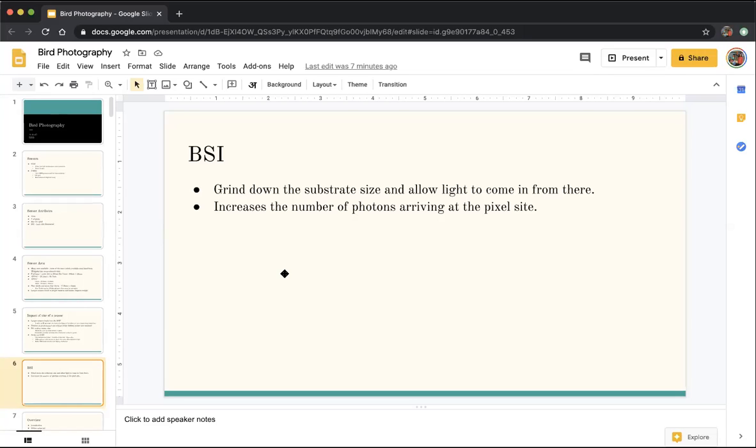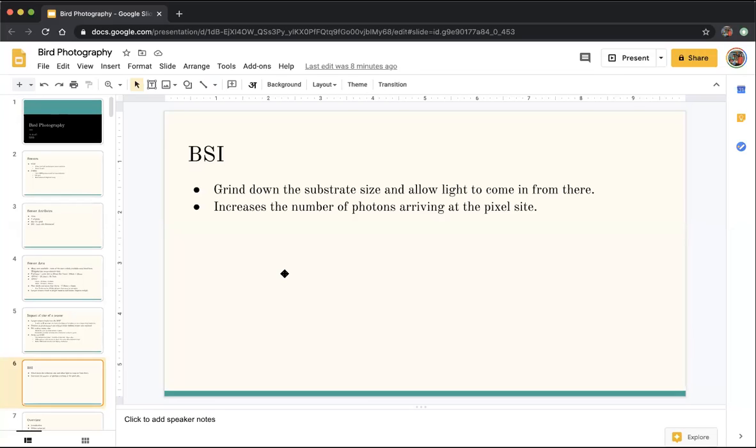So some number of photons would not make it all the way through because there's metal wiring going around in between. Then there is a class of sensors where on the substrate side, which is the other side, they grind down the substrate to as close as they can get to the active portion, which is where the transistors are, and then let the light enter from that side.